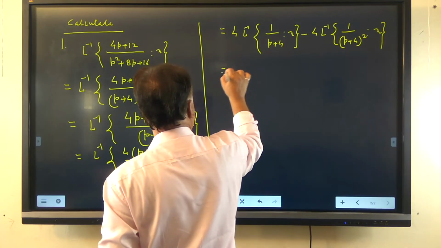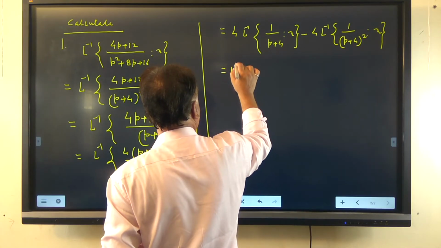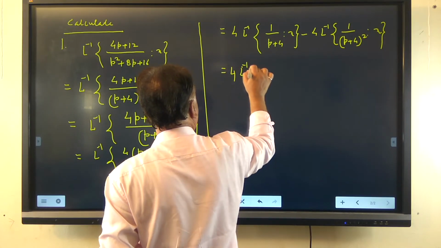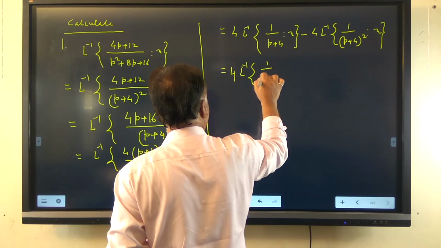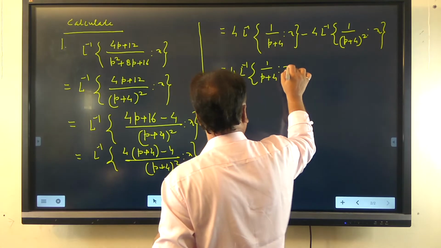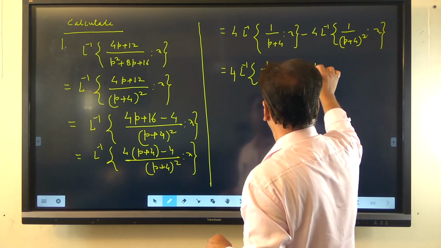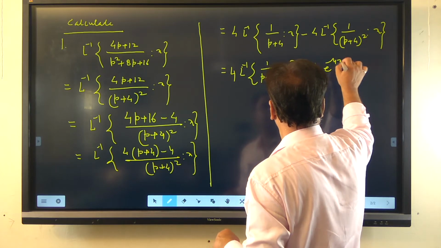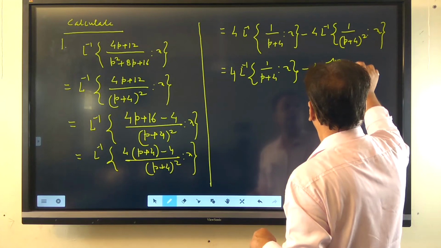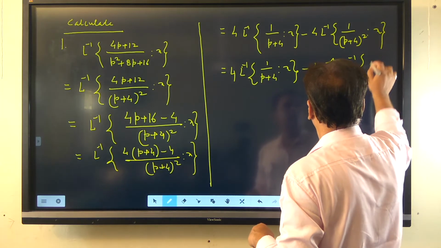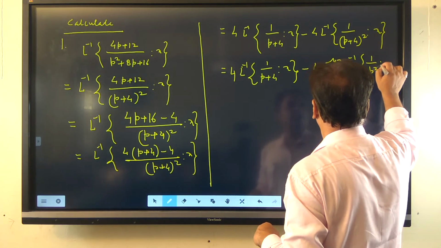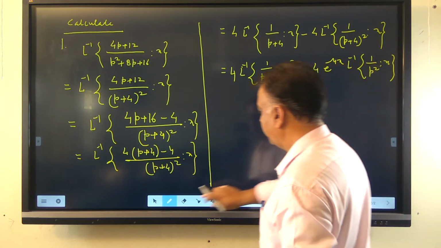Or we can write this as 4 times the inverse Laplace transformation of 1/(p + 4) with respect to x, minus 4 times e raised to −4x, the inverse Laplace transformation of 1/p² with respect to x.